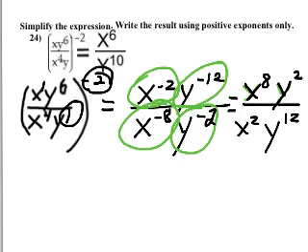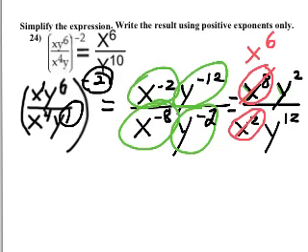And so now we've just got to cancel things out. Let's do that with red. We've got 2 x's here, we have 8 here. So we can cancel out 2 of those x's and make it x to the 6, right? And we've got 2 y's here and 12 y's here.